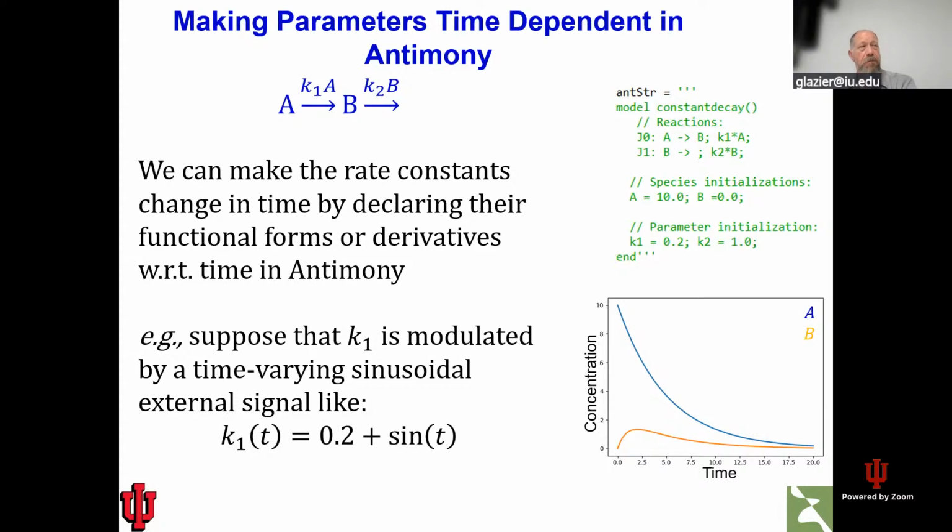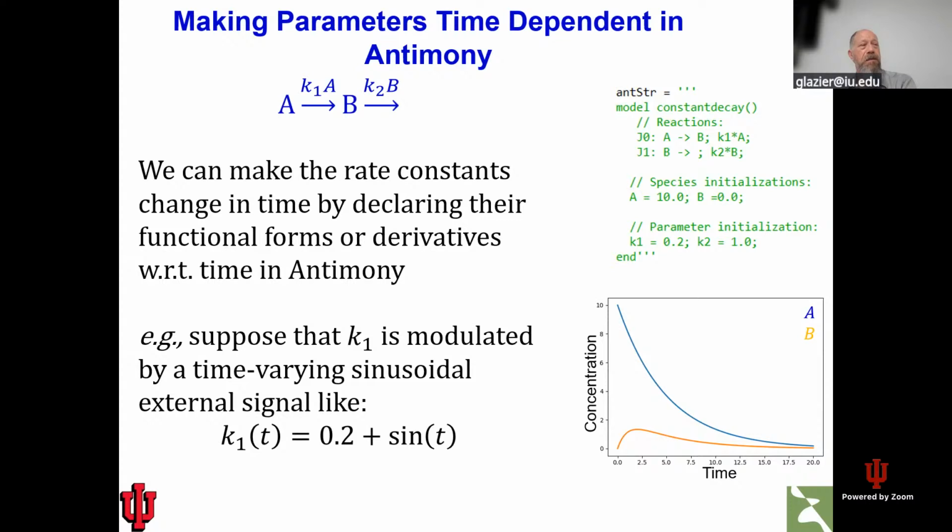And so I've mentioned before that the antimony string is what's called a declarative specification. And when we load the antimony string, assignments like A equals 10, B equals 1, K1 equals 0.2 are read and compiled.